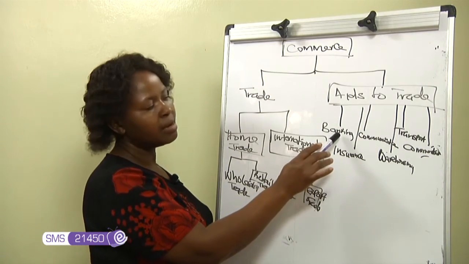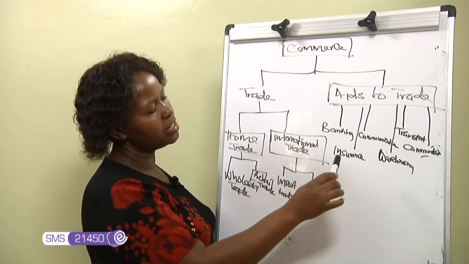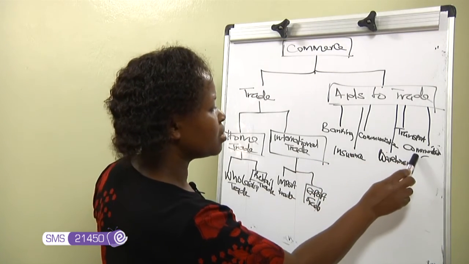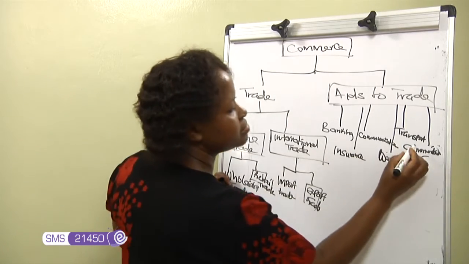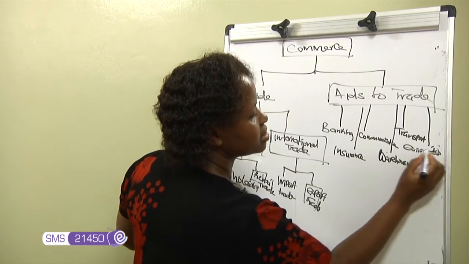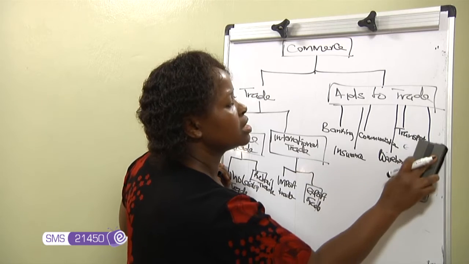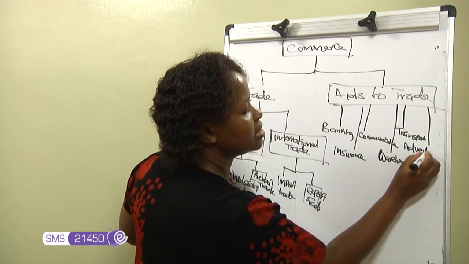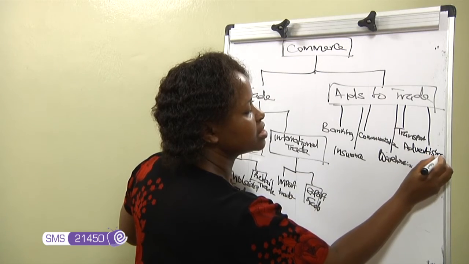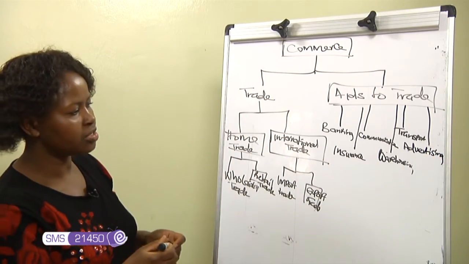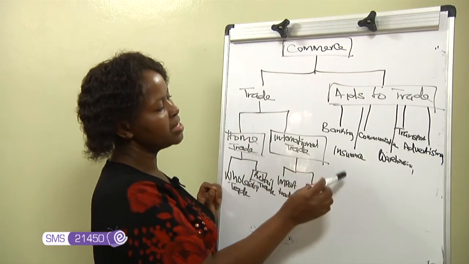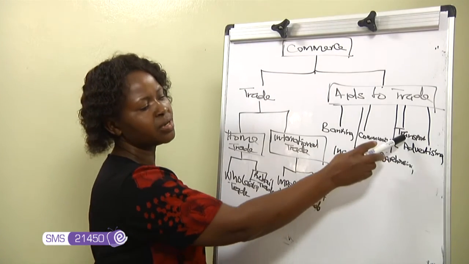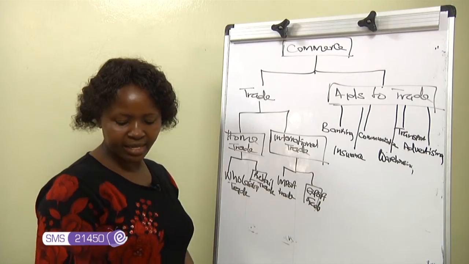These include banking, insurance, warehousing, and transport. Sorry, we forgot advertising. Advertising is another aid to trade, not communication. So we have those 6 aids to trade: banking, insurance, communication, warehousing, transport, and advertising.